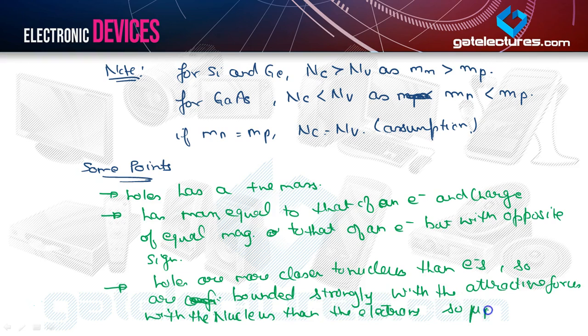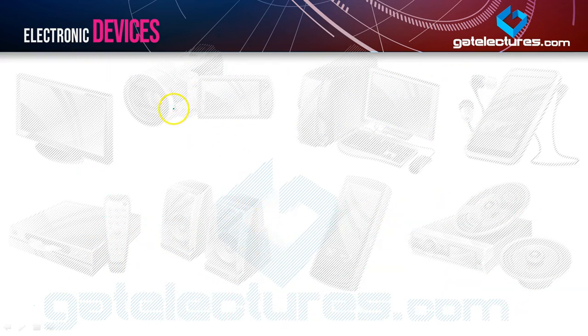So mu p is less than mu n. Okay, understood? Now let's move further.